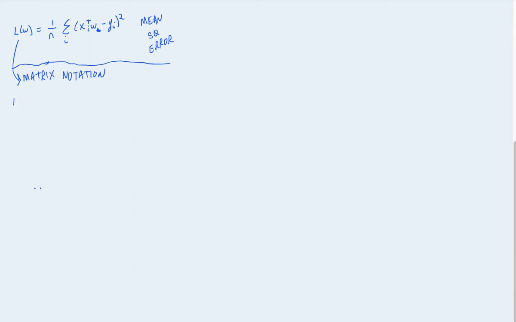So I claim that this loss function can be written as 1 over n times xw minus y, transposed, times xw minus y, where again, X is our data matrix, consisting of all the data points.